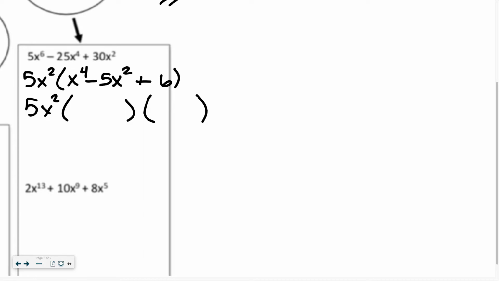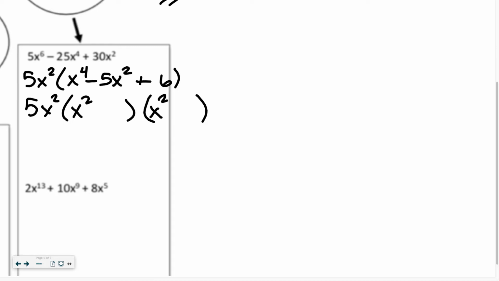Now to get x to the 4th, it could have been x cubed times x. It could also be x squared times x squared. Based on my middle term, it must be x squareds, right? Like I need x squared as my middle term. So I'm going to put my x squareds in.